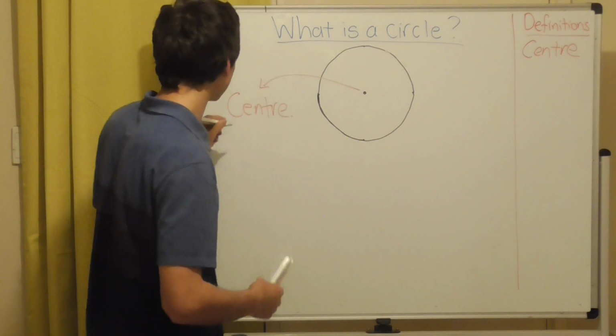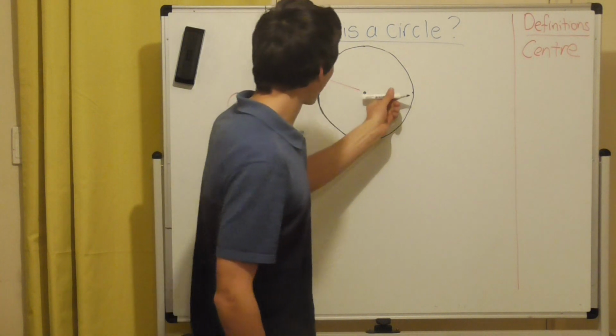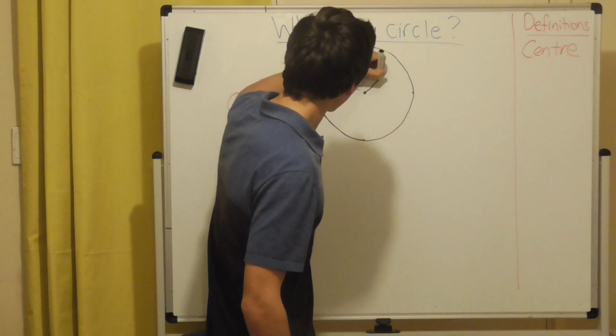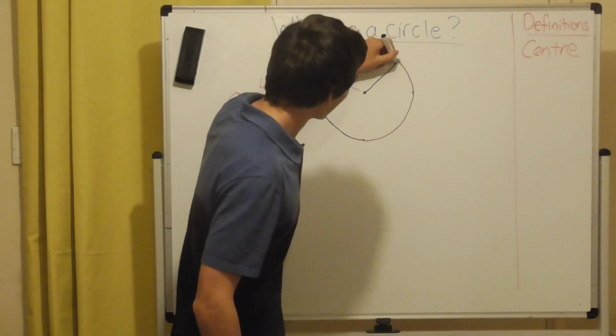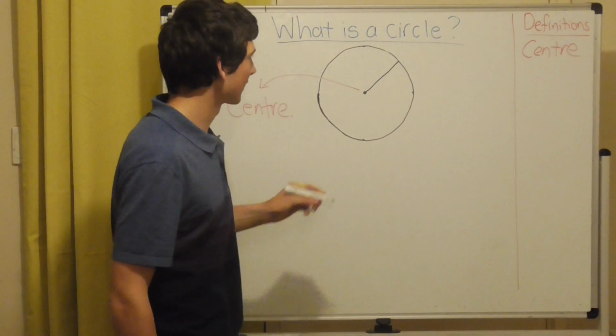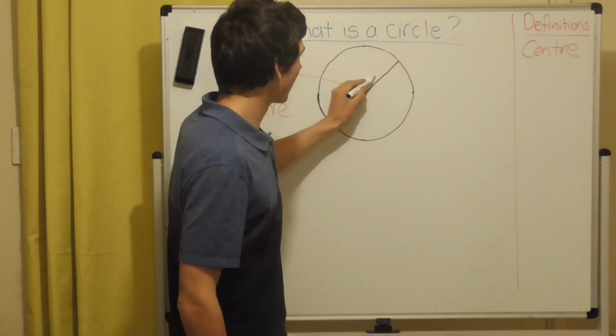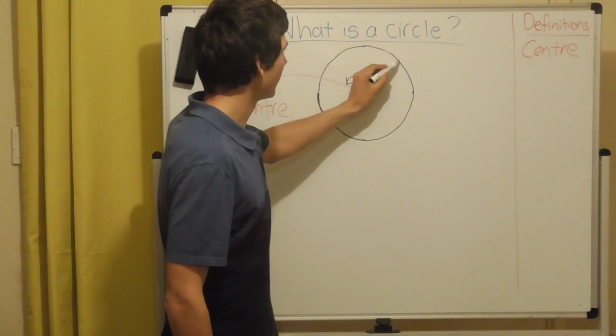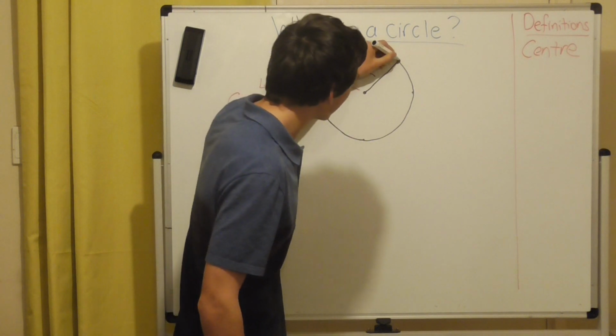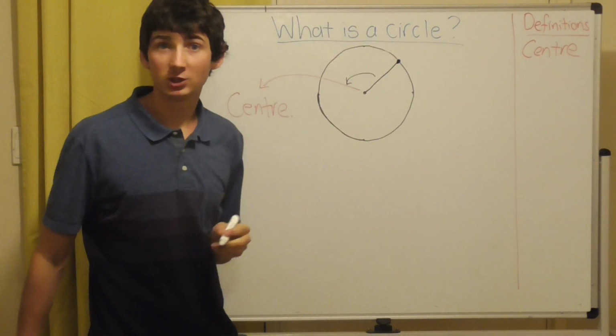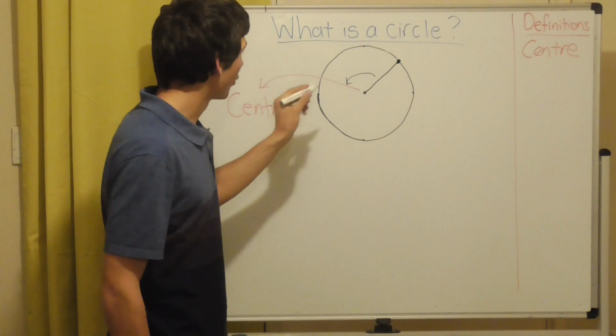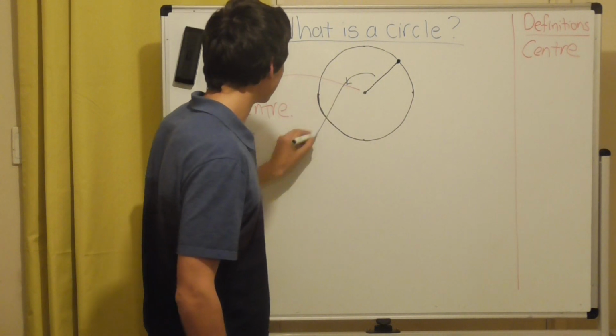So the distance, let's draw a line to the outside of our circle. This line, if I spin it all the way around and I only look at the point at the end, I'll make my circle.